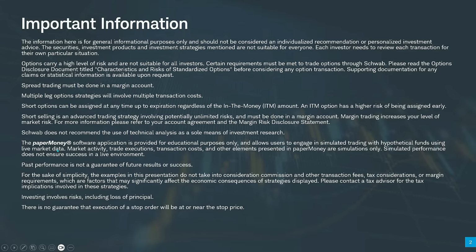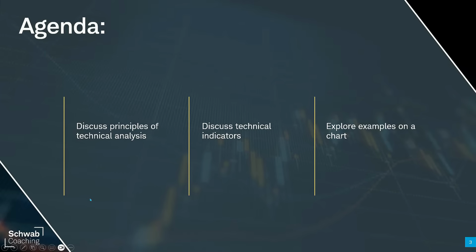And also remember that Schwab does not recommend the use of technical analysis as a sole means of research. It can be a starting point, but that doesn't necessarily mean it has to end there. And also remember that the paperMoney account that we set up about a month ago is for educational purposes only, to practice engaging in simulated trading. It's helpful, okay, to learn. And also remember that investing involves risk, including loss of principal. So let's go ahead and hop right in.